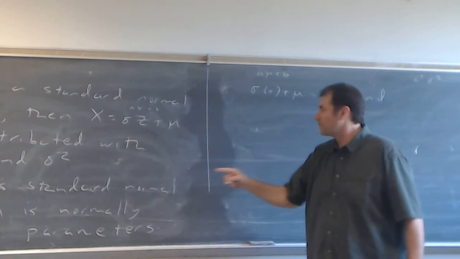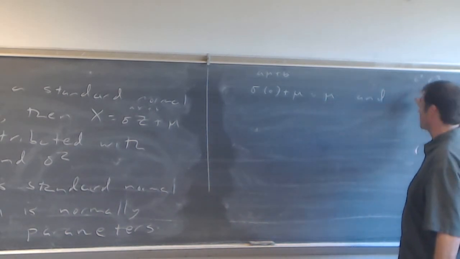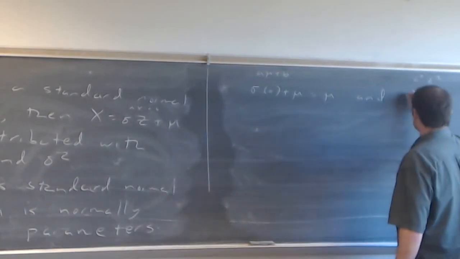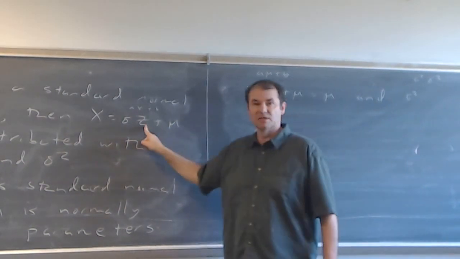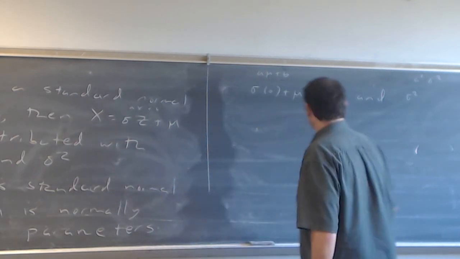And here was a squared sigma squared in our previous fact. Here, the a squared is sigma squared. The sigma squared was the second parameter from the variable involved in the algebraic combination. That's just 1.